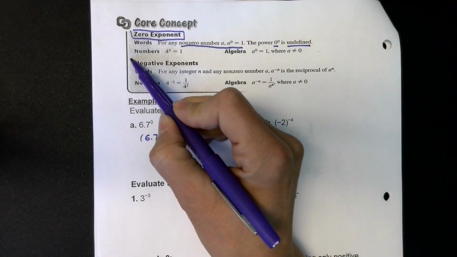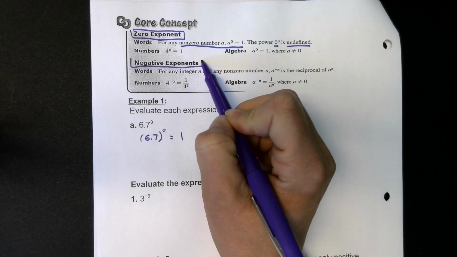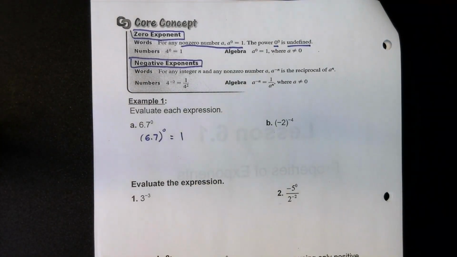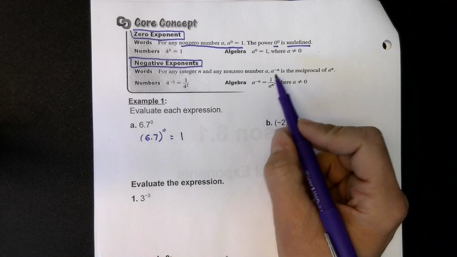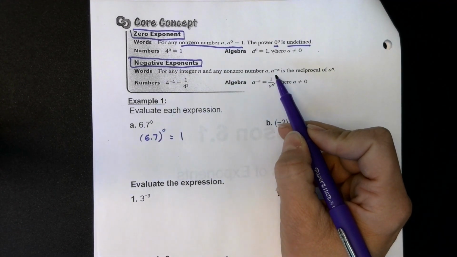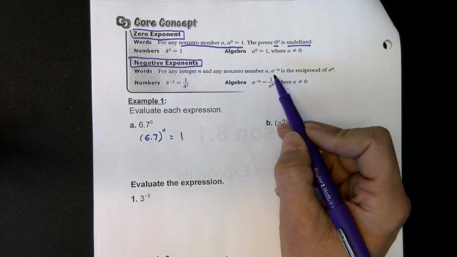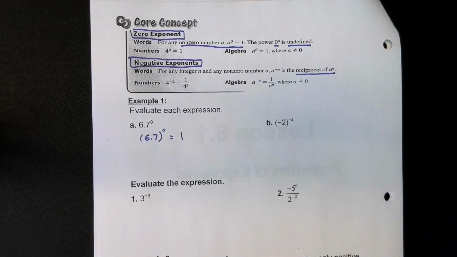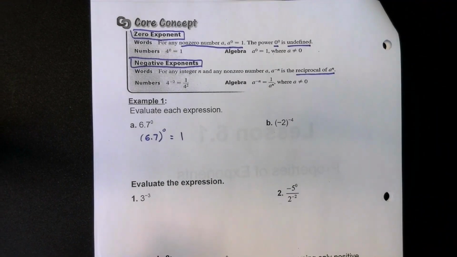The second property is negative exponents. For any integer n and any non-zero number a, when you have a raised to a negative exponent n, it is the reciprocal of a to the power of n. I'll tell you what it means.